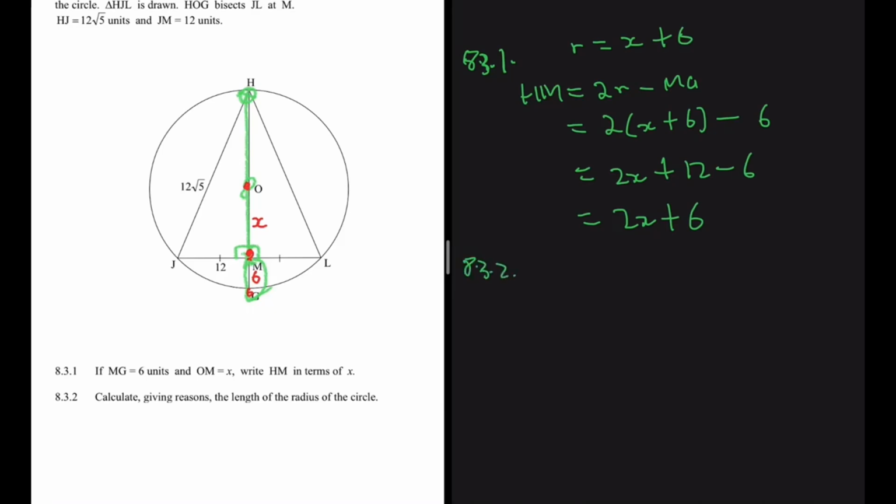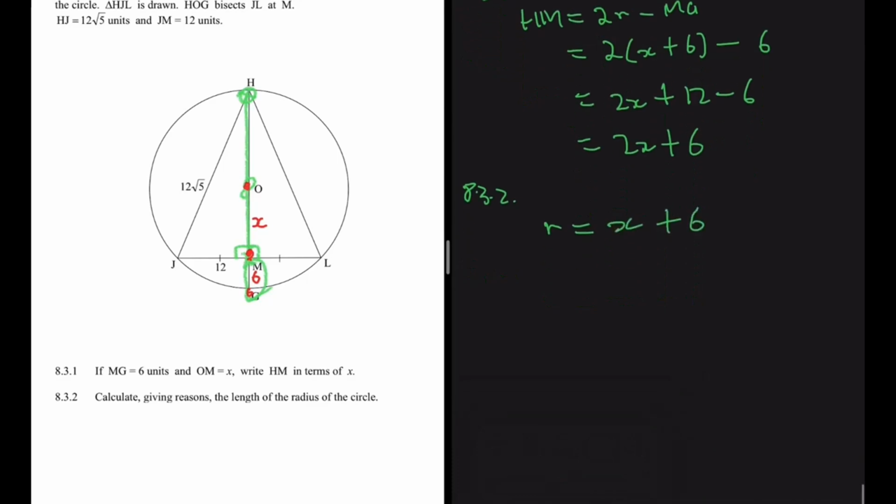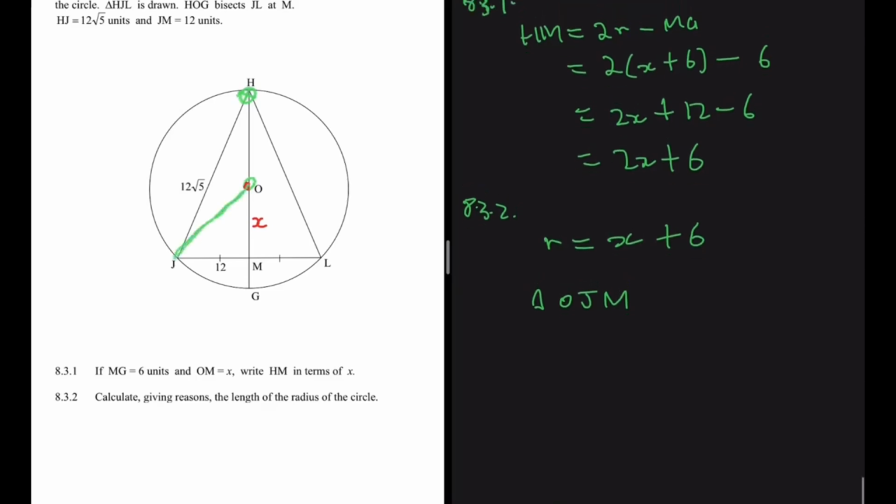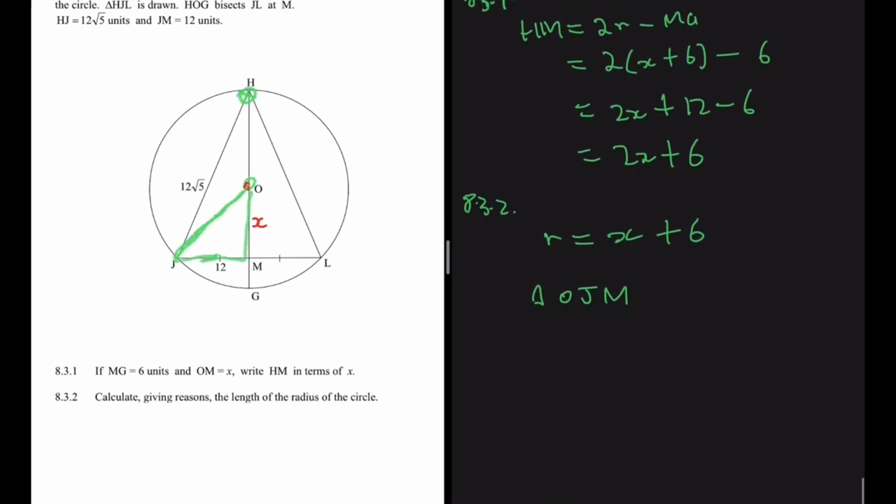8.3.2. Calculate, given reasons, the length of the radius of the circle. So we already know that the radius of the circle is equal to x plus 6, right? So on this question, we can use triangle OJM, right? Let me just clear something so that we can make it more clear. We are looking at triangle OJM, right?